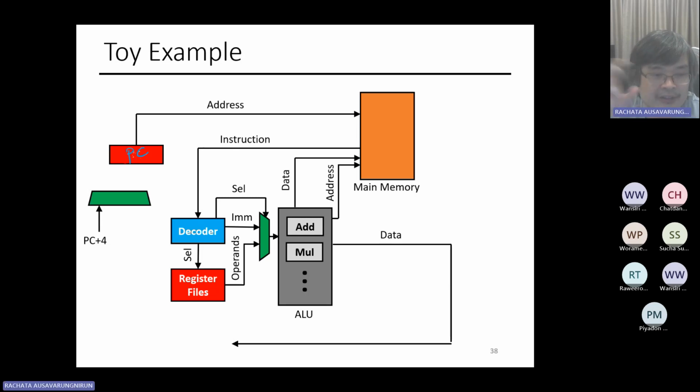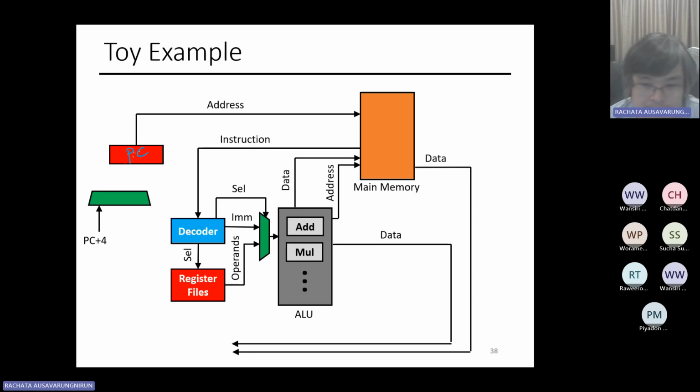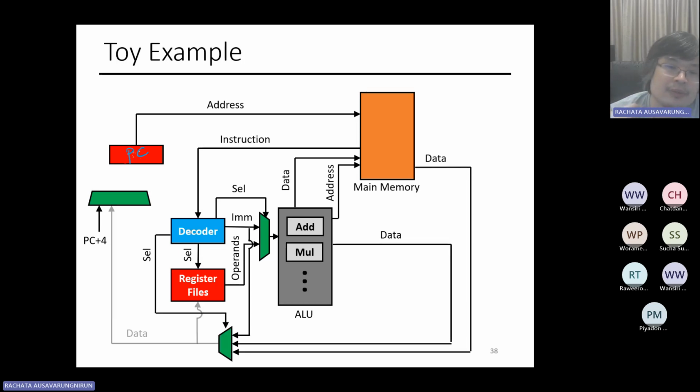Basically, R0 plus R1, that's the action. Then you write the result into R2. So these go into the register file. And again, the decoder has a select wire that picks out where the input data to the register file is, and also which register we are updating.